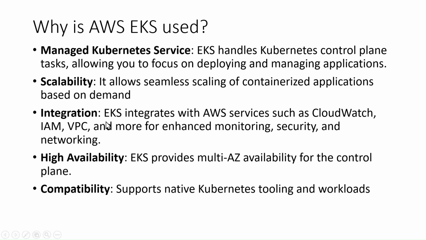So these can be integrated. Next is high availability. EKS provides multiple availability zones for the control plane. When your application requires high availability, deploying on a single subnet or zone won't give much availability, so EKS supports multiple-zone availability.